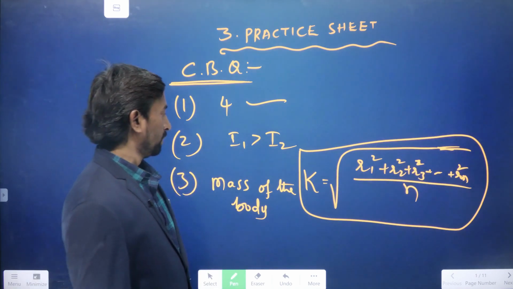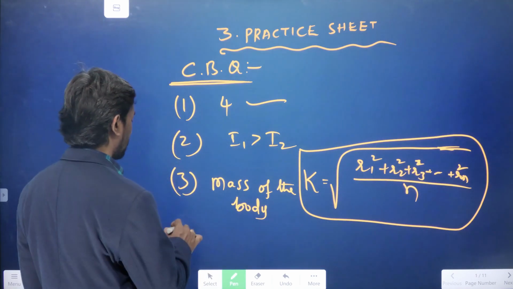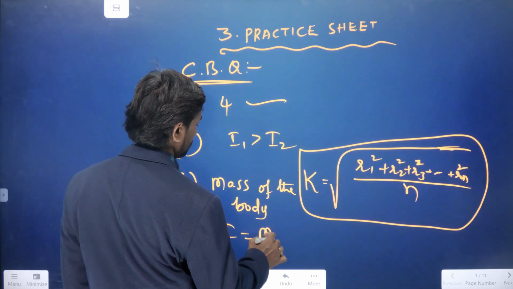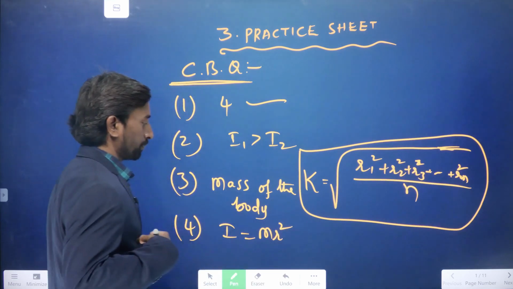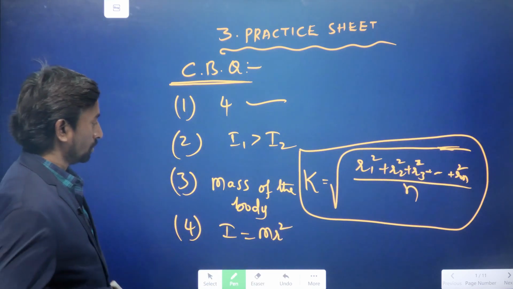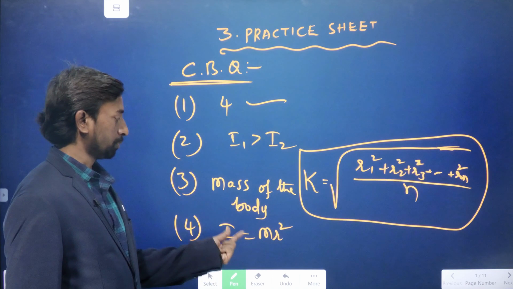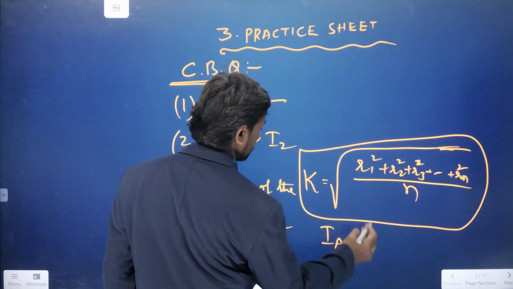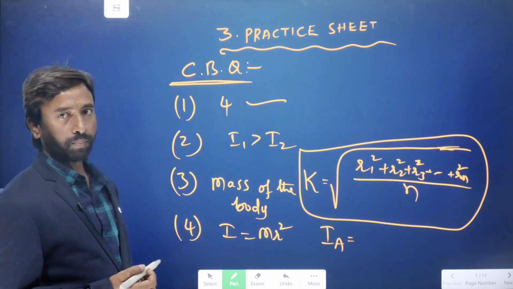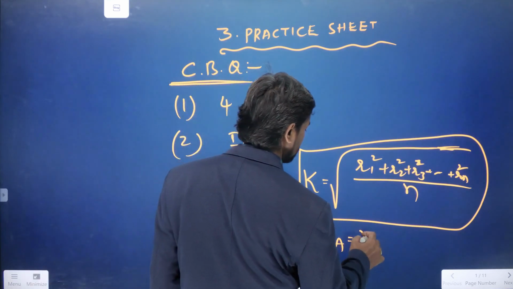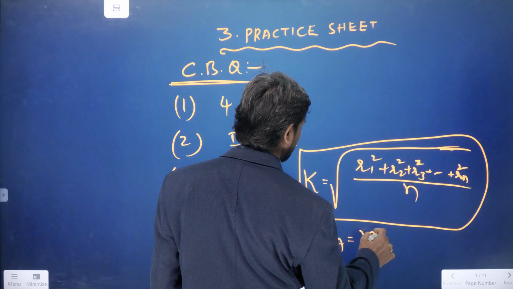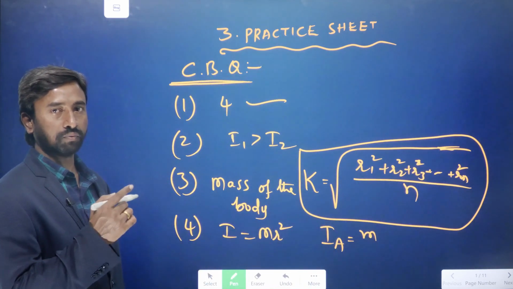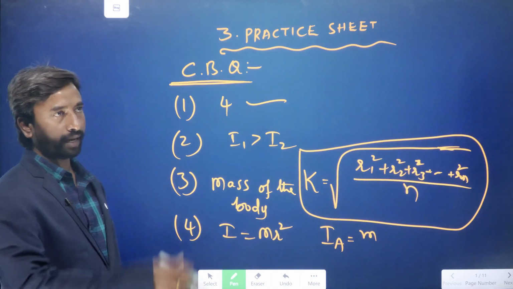We know the formula of the moment of inertia: I equals m r square. Suppose we consider the moment of inertia of satellite A as a particle. It has mass m and distance h. It is moving around the earth, so the axis of rotation is the center of the earth.